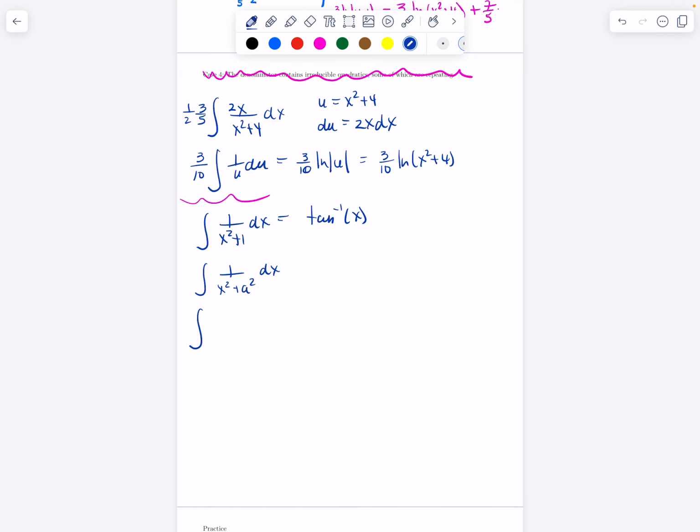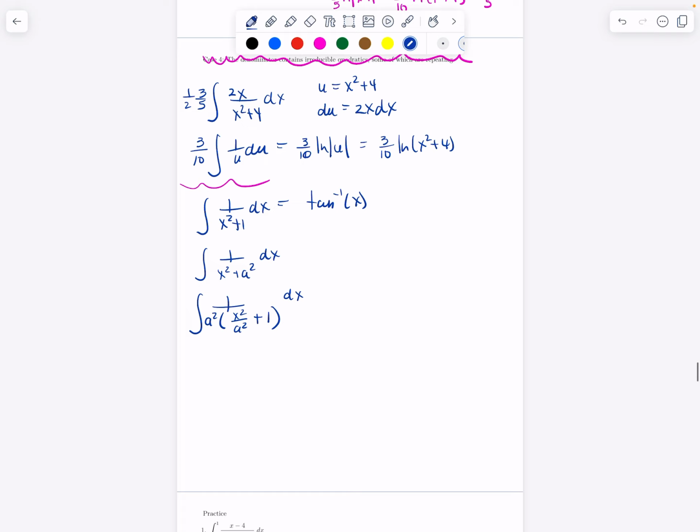So this really is 1 over, if I pulled out an a squared here, this becomes x squared over a squared plus 1. I'm going to pull one of those a's out. And I'm going to rewrite this as x over a squared plus 1. And then I'm going to leave one of those over here because I know what's coming. Just split the 1 over a squared up.